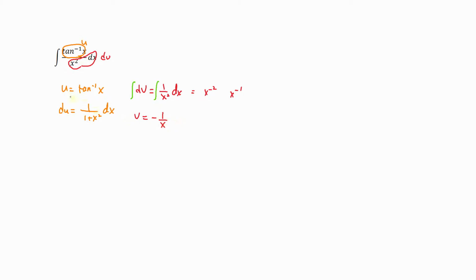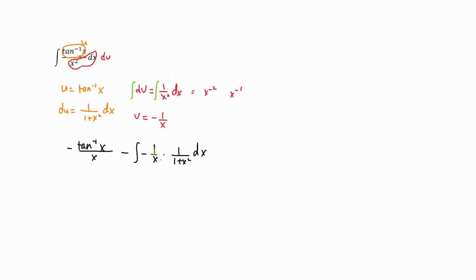Remember that integration by parts requires you to take u times v minus the integral of v times du. Therefore I'm gonna multiply now u times v, inverse tangent x times negative 1 over x, plus, actually it's minus, my bad, minus this thing, 1 over x times 1 over 1 plus x squared.